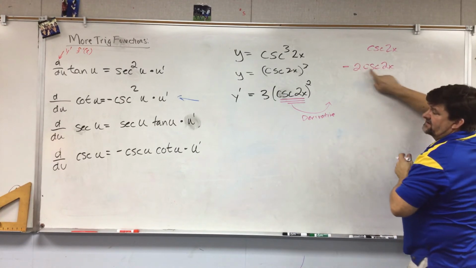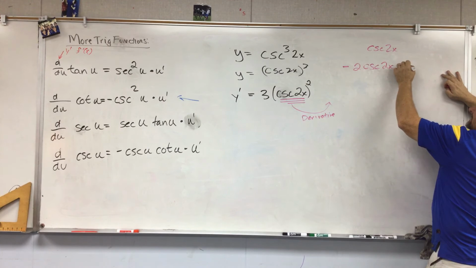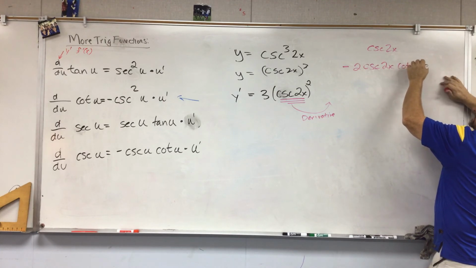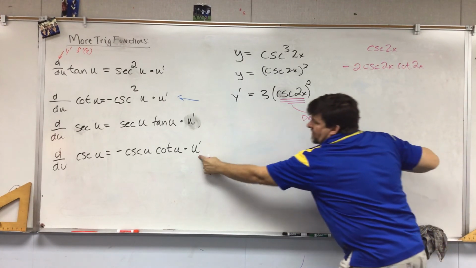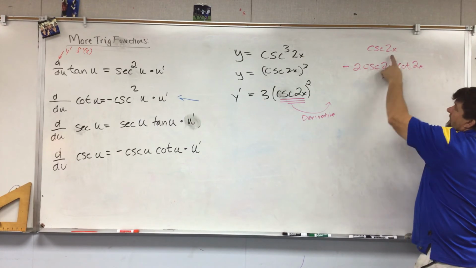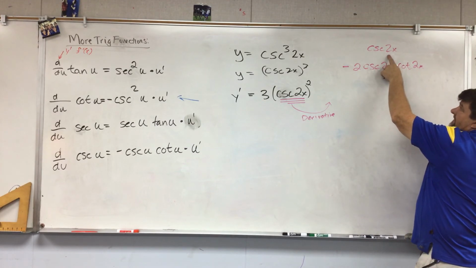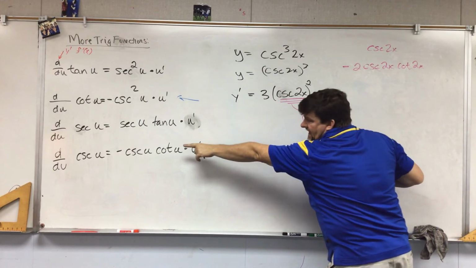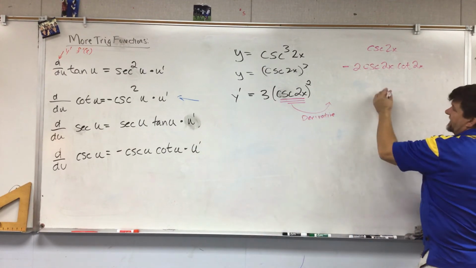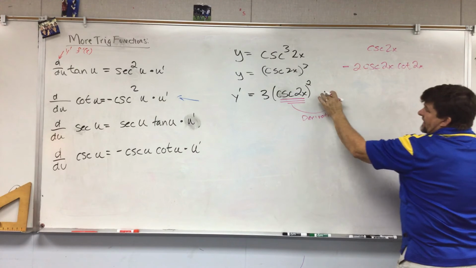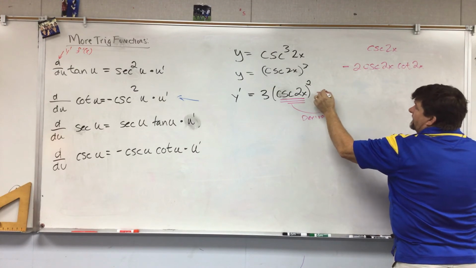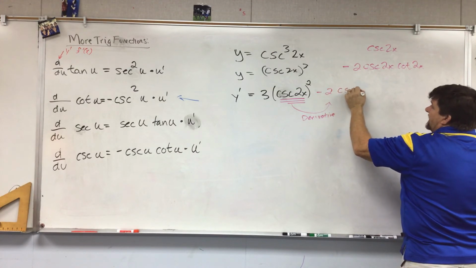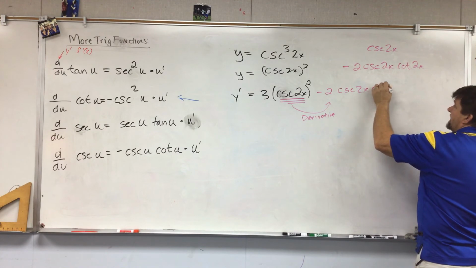C's stay together, so I'm going to get cotangent of 2x times u prime. I already did u prime. It's right there. That would be u, so therefore that would be 2. The negative comes from the actual derivative formula, and so this gets inserted down here, negative 2 cosecant 2x cotangent 2x.